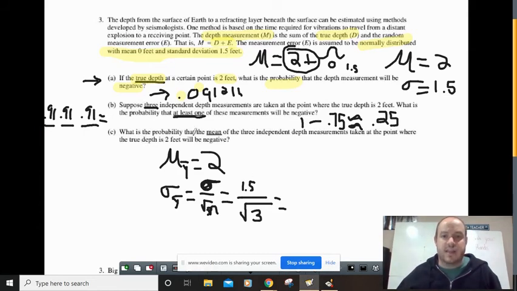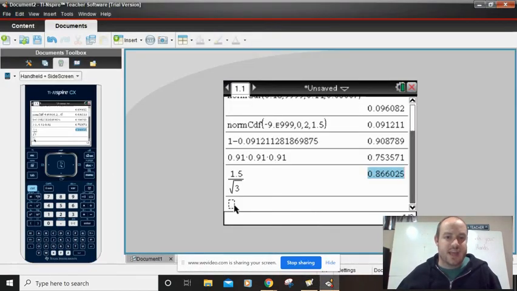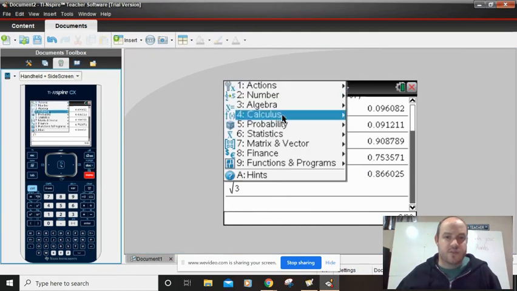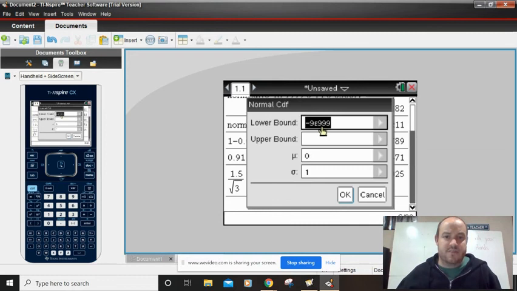We want to find the probability that that mean will be negative. So what are we looking at here? We are looking at menu 5, 5, normal CDF. We are finally doing a sampling distribution question. We want to know the probability that it's negative. So just like before, that means we're going from negative 99999 up to 0.